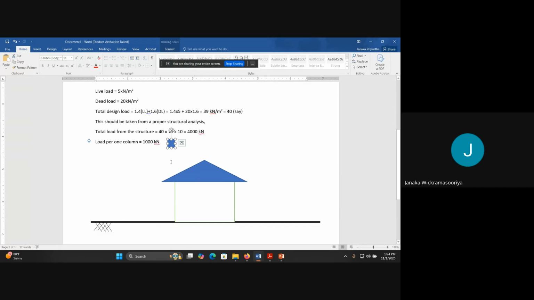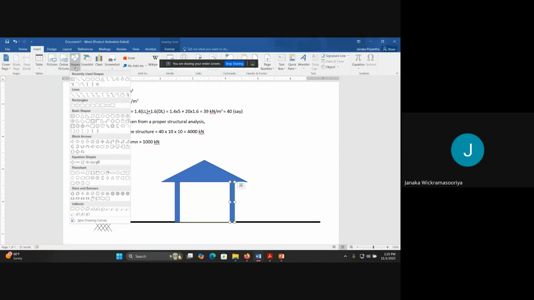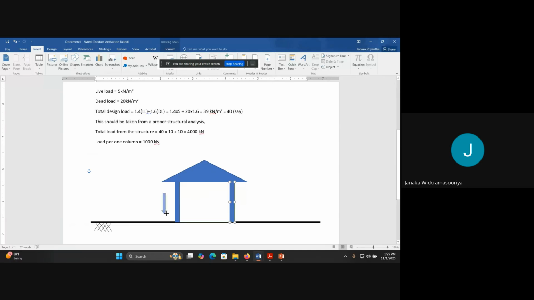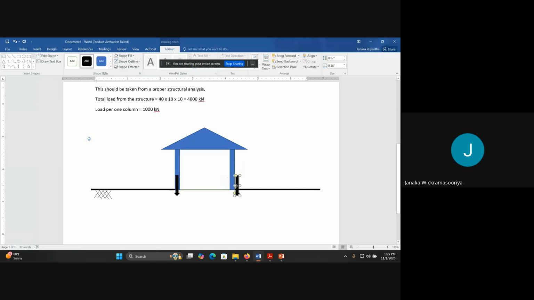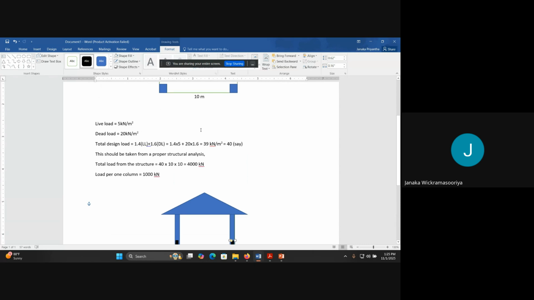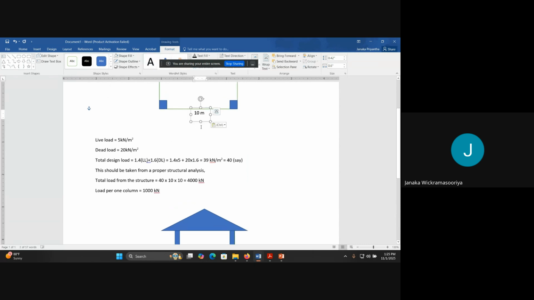if I draw one column here, there will be a column like this, and there will be another column like this, and there will be a load applied on this column by this column on the ground. Now these are just values, right?